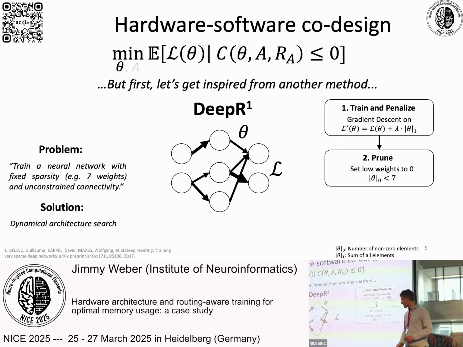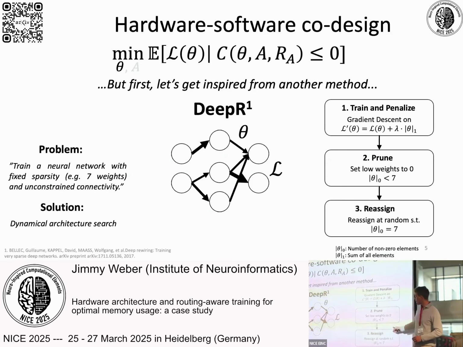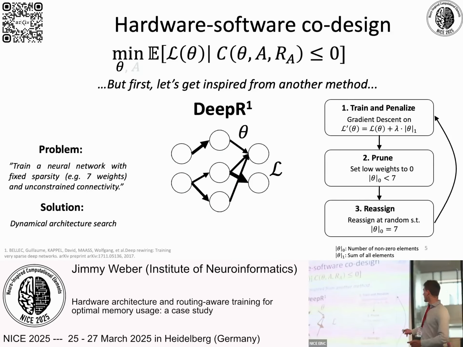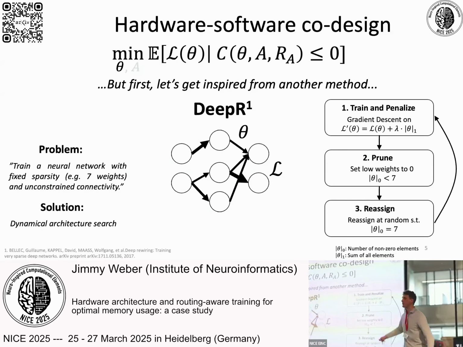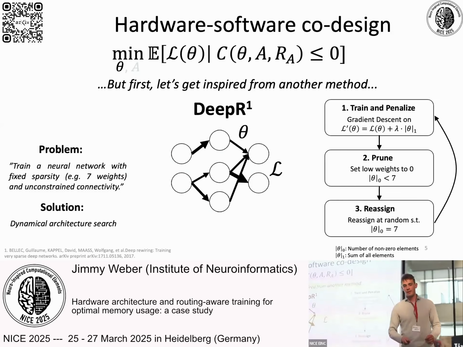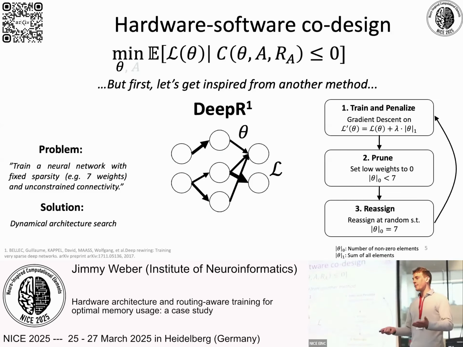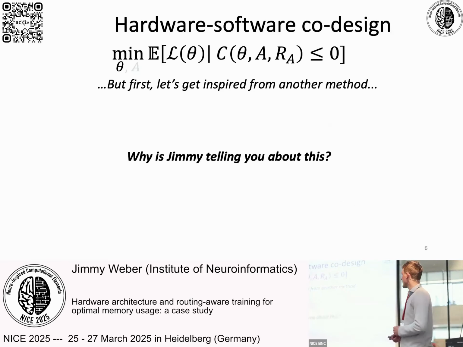And then finally, reassigning at random in such a way that we are matching this number. And finally, you iterate over and over through epochs. So it's a modified step in your epoch in your backpropagation framework.